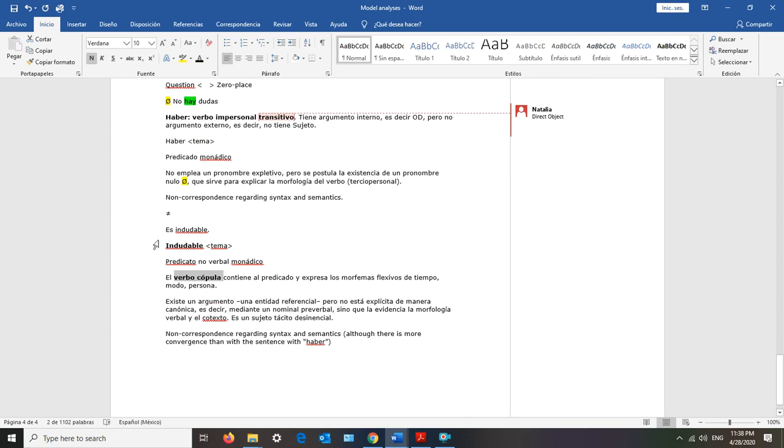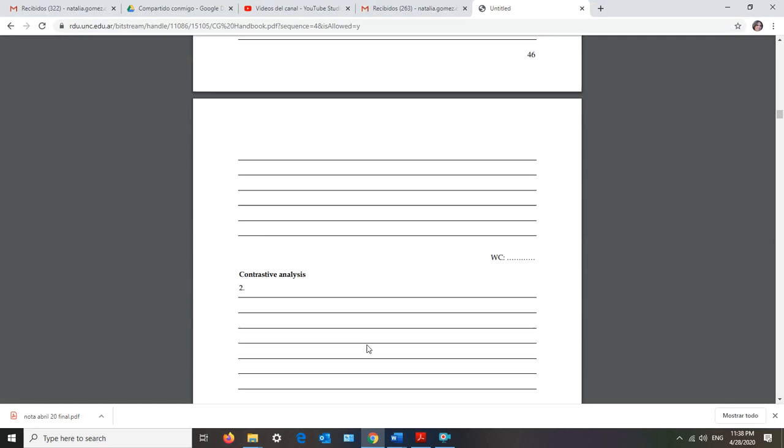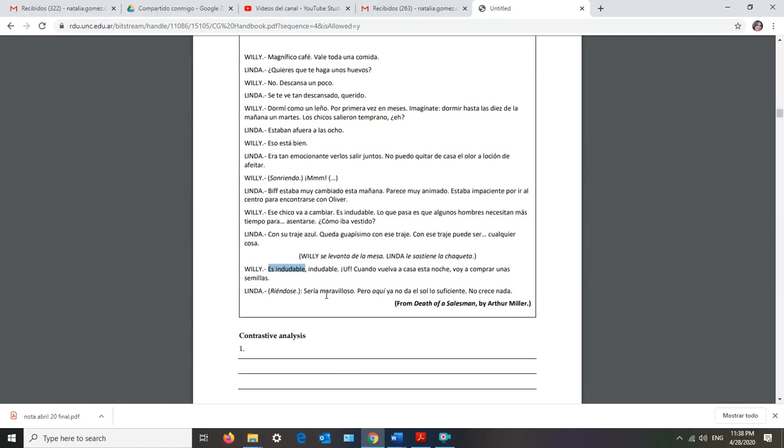This one, when we have es indudable, we do have a referring expression which is not explicit in this sentence, but it is recoverable in the text that this sentence belongs to. So what is indudable is specified here.